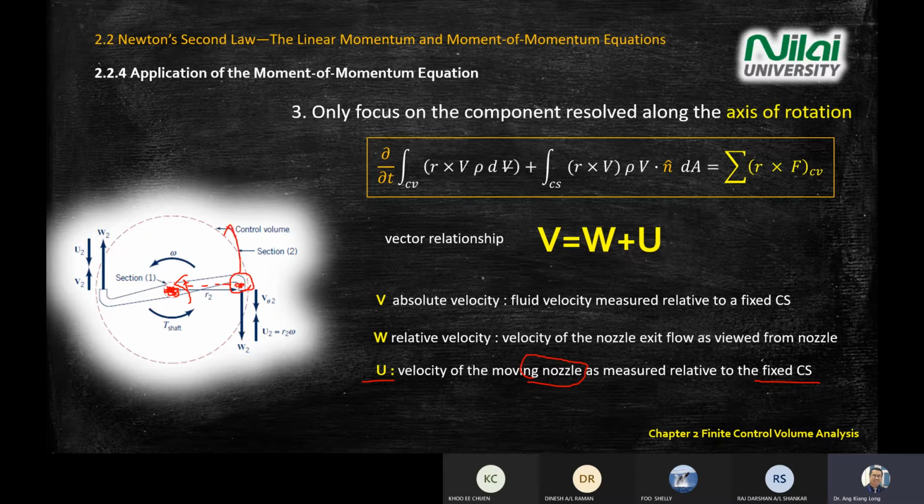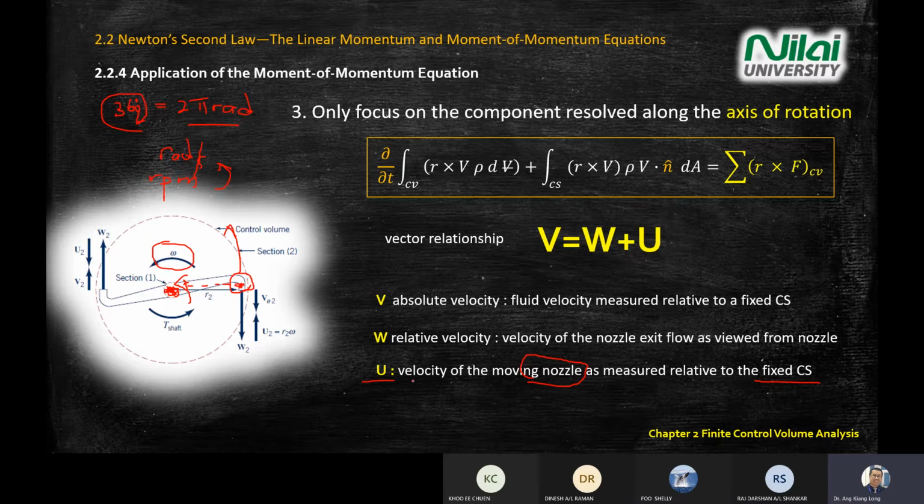It moved up because it's moving in the anti-clockwise direction, by referring to your omega, RPM, revolution per minute, or radian per second. There's a conversion from RPM to radian per second. You know that 360 degrees equal to 2 pi radian. You have to recall the conversion between degree and radian.